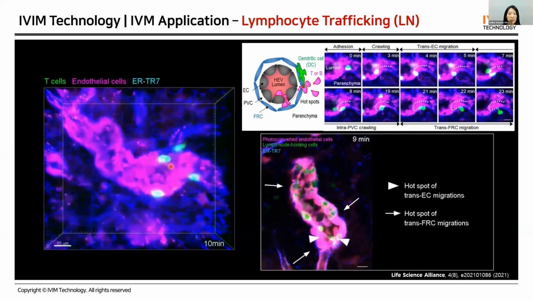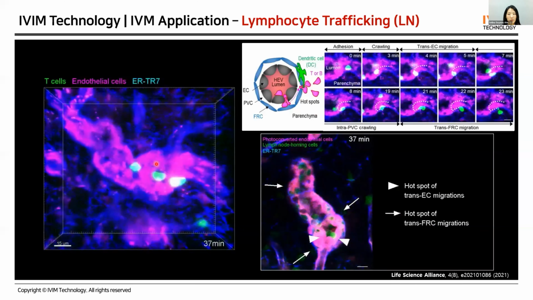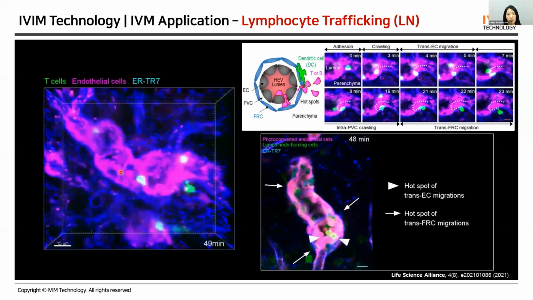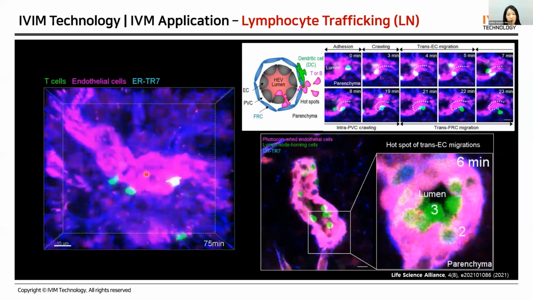And to monitor the stepwise transmigration process of the T and B cells in the high endothelial venule, we performed intravital 4D imaging of T cell migration across the HEV.